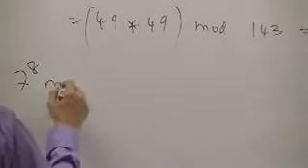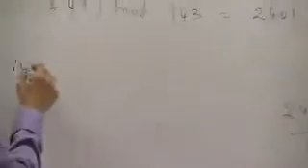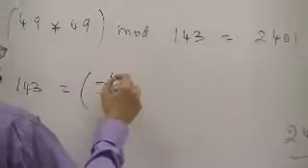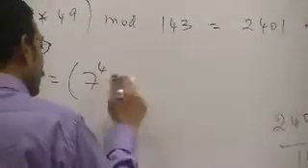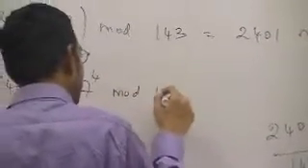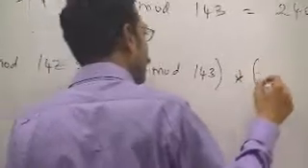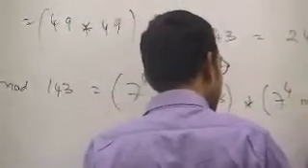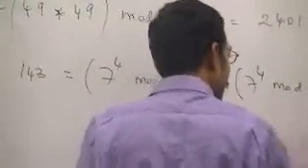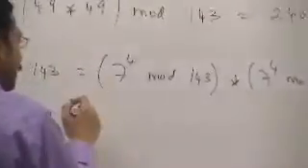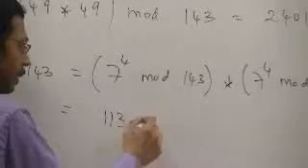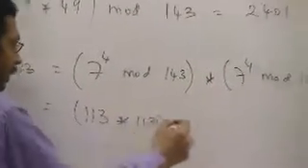So now what we're going to find is 7 raised to 8 mod 143. So that is 7 to the power 4 mod 143 times 7 to the power 4 mod 143. Now we know that 7 raised to 4 mod 143 is 113. I'm skipping the small intermediate steps.